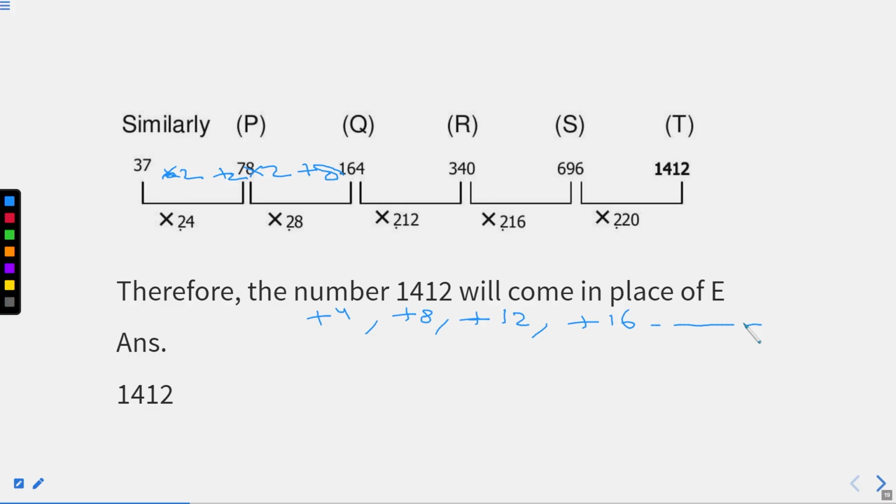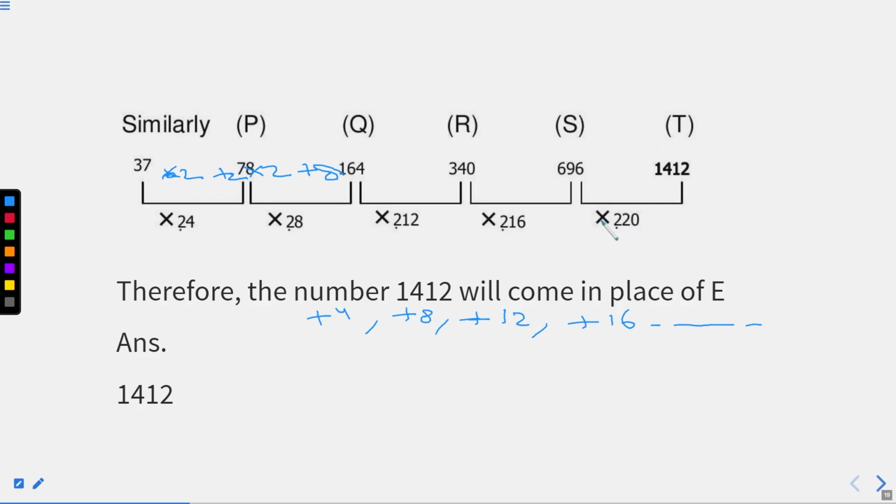In a similar manner, as I mentioned, if you multiply 78 by 2 and add 8, we'll get 164. If you multiply 164 with 2 and add 12, then we'll get 340, then 696, and so on, 1412.